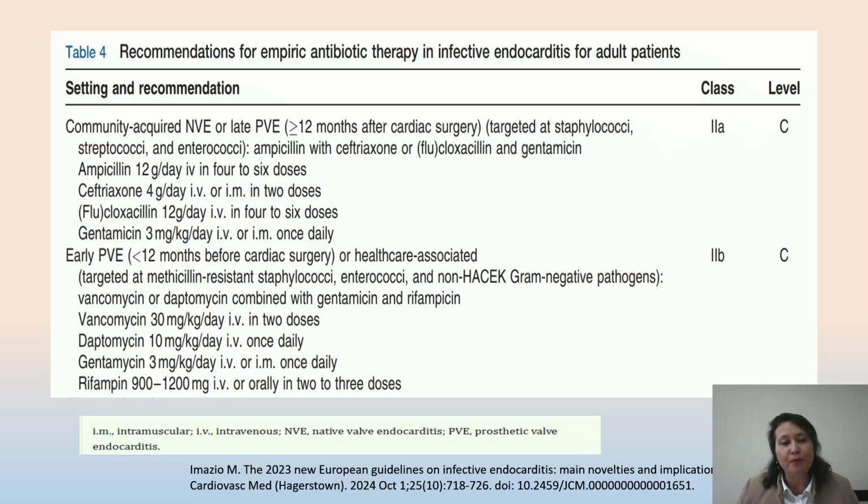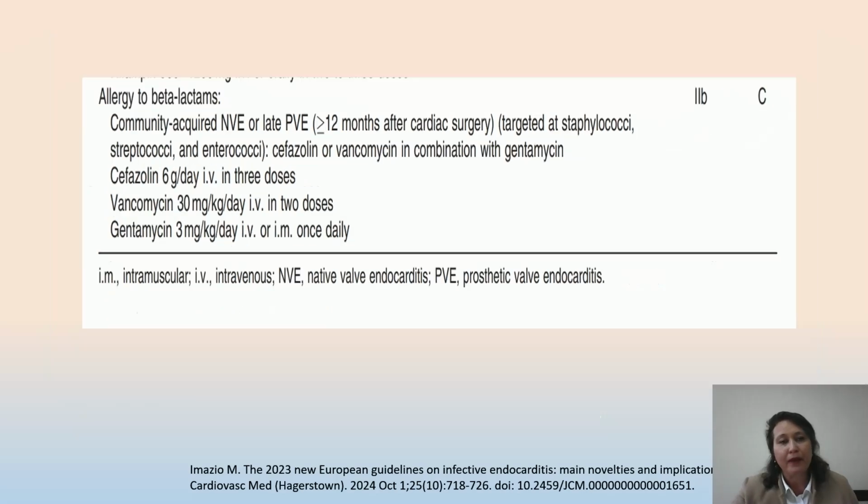The dose should be vancomycin 30 mg per kg daily intravenously in 2 doses. Daptomycin 10 mg per kg daily intravenously once daily. Gentamicin 3 mg per kg daily intravenously or intramuscular once daily. And rifampicin 900 up to 1200 mg intravenously or orally in 2 to 3 doses.